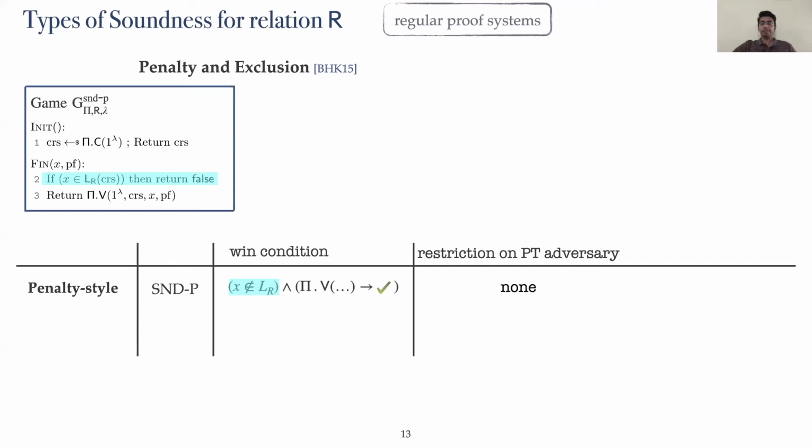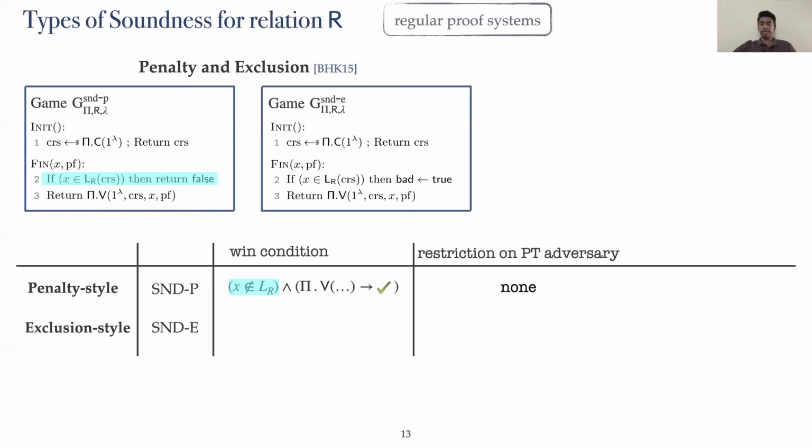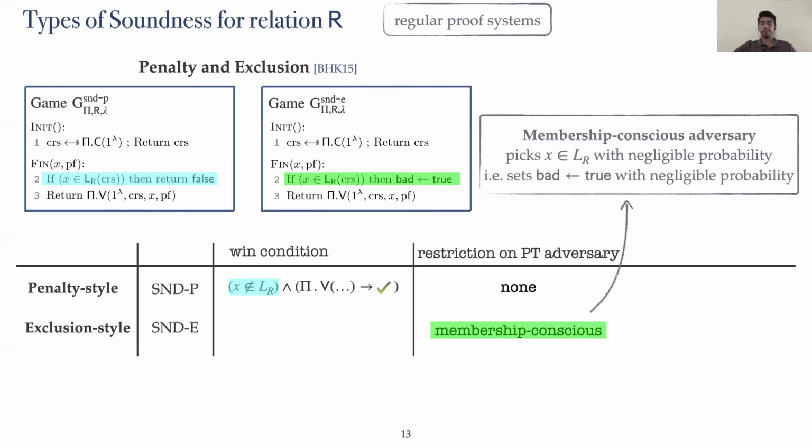Note that the membership test will not be efficient for languages in NP, which are the languages of interest to us. In the exclusion style definitions, which we denote by SNDE, the adversary is restricted to almost never make queries in which the statement is not in the language. We formalize this by requiring the adversary to belong to a class of membership-conscious adversaries.